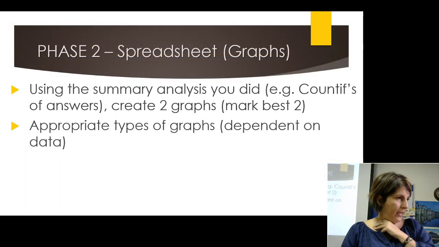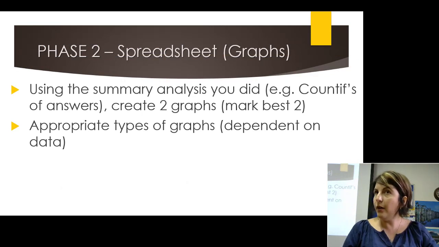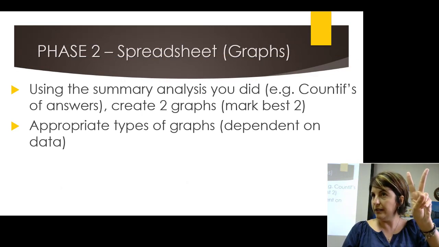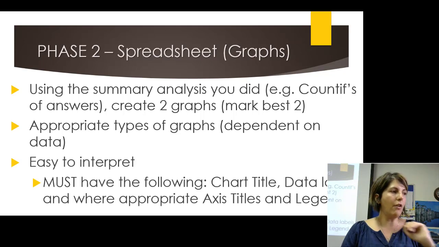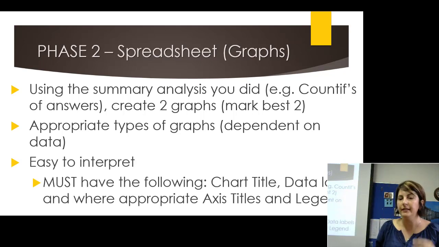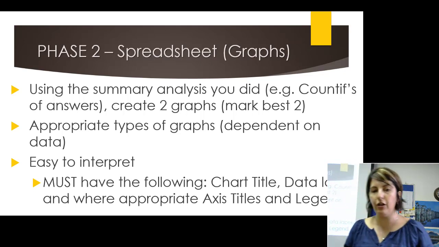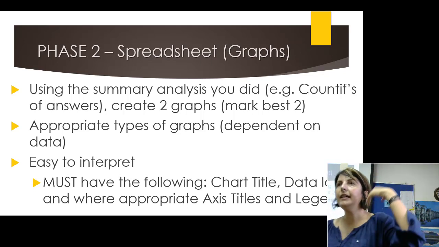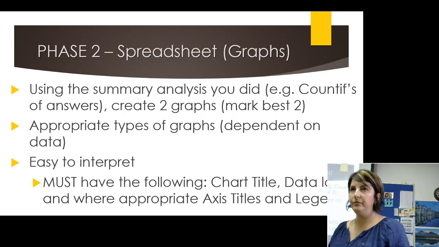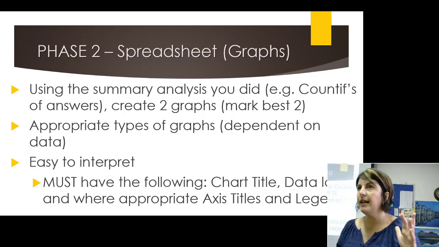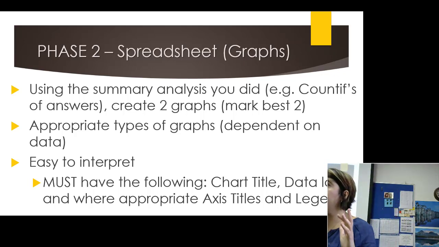Then you did the summary, and then you created 2 graphs. These graphs must be appropriate. Again, we have issues regarding people creating graphs for male and female, appropriate or not, and people creating graphs for ages, for example.